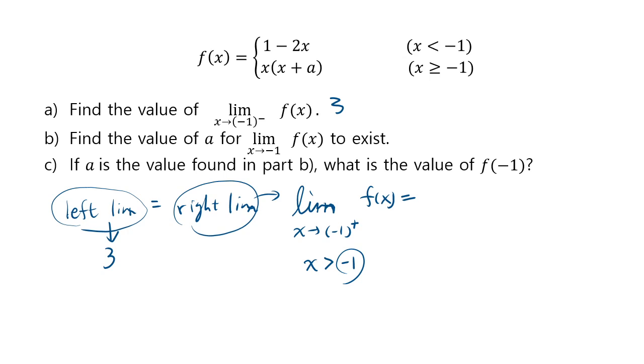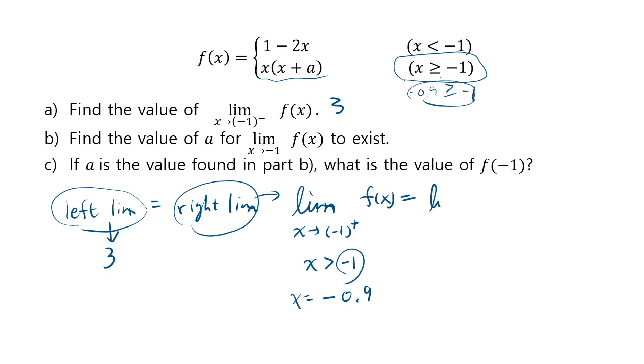So this would fall into this context, right? If your x is slightly bigger than negative 1, think about examples like negative 0.9. That's slightly bigger than negative 1, and negative 0.9 is certainly bigger than or equal to negative 1. So this is satisfied, so we're going to use this formula.